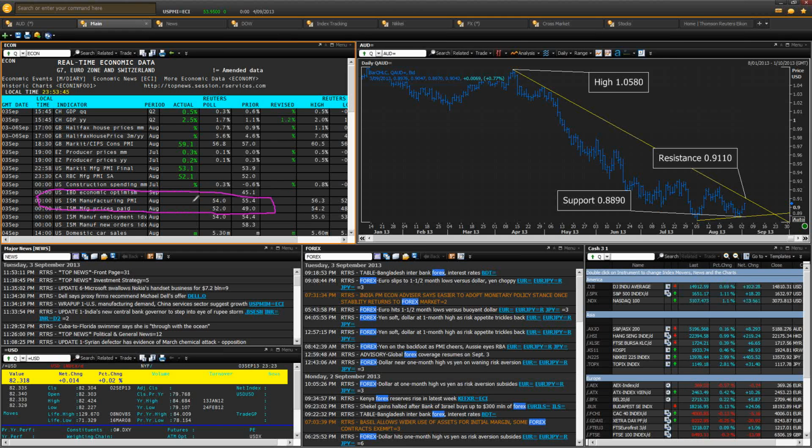So the number itself, once again, we're looking at this 54 number. It's always the same thing with all these data releases: is it stronger or weaker than expectations? That's what we're really looking for.